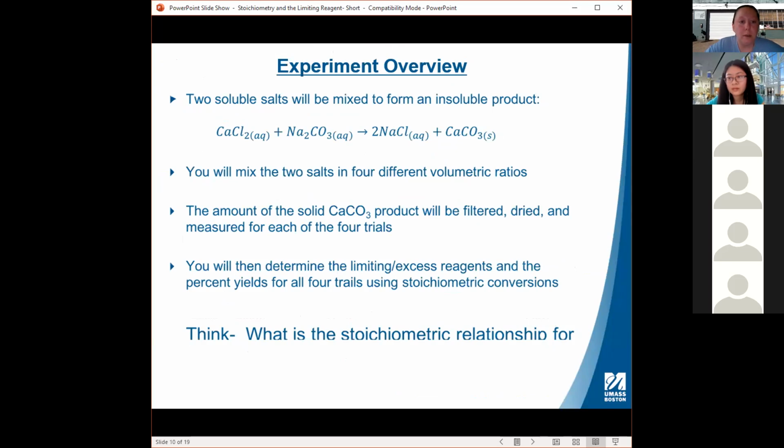Okay, so let's talk about today's actual experiment and what we are going to be doing. We are going to be using 2 table salts and we are going to mix them to form an insoluble product. So calcium chloride, in this reaction equation, it says it's aqueous. That's what that AQ stands for.